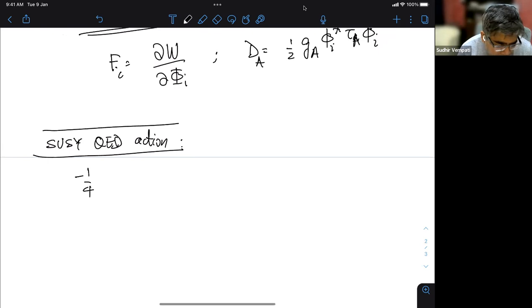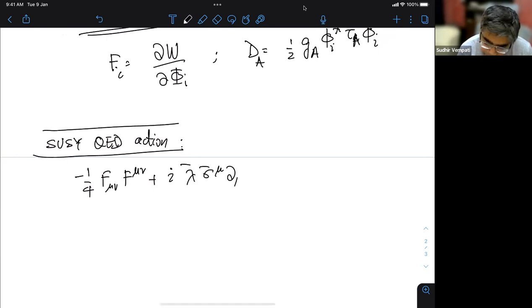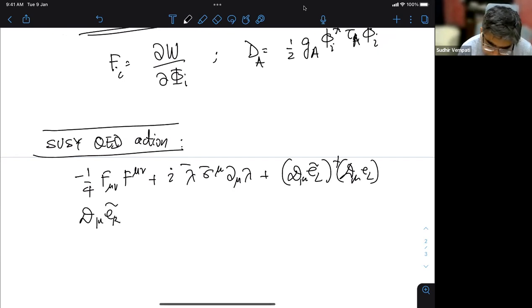As long as SUSY is invariant, we have these terms: F mu nu squared, plus i lambda bar sigma bar mu del mu lambda, plus del mu E_L tilde dagger del mu E_L tilde, plus del mu E_R tilde whole dagger del mu E_R tilde.